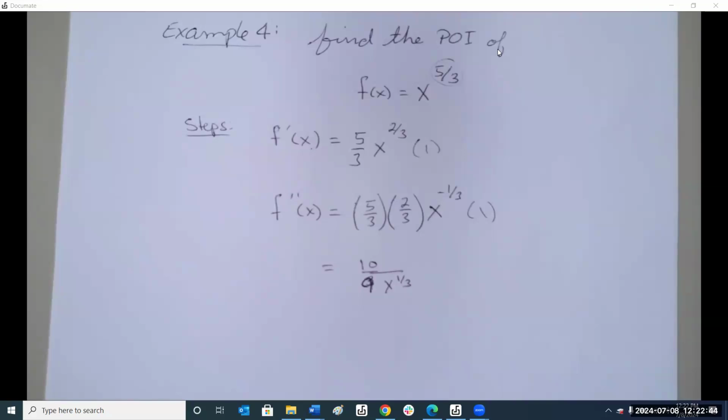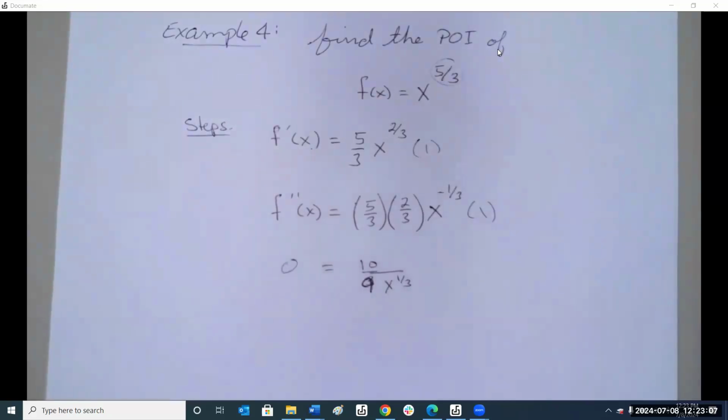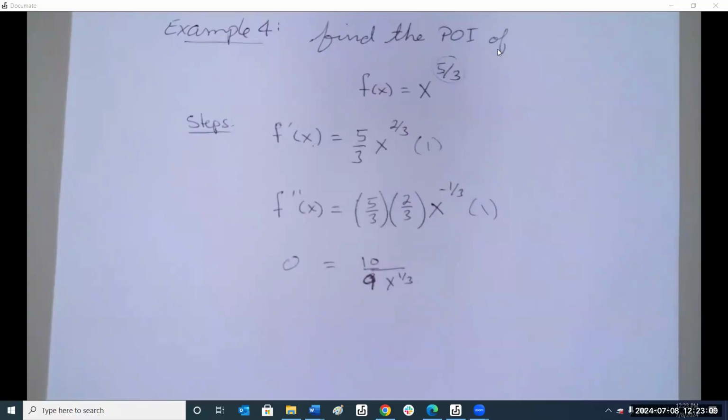So what do you think about this one? What's the point of inflection? How do you find the point of inflection? Set it equal to 0. Solve for x. What do you get?